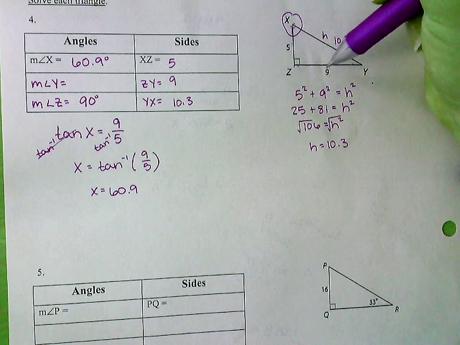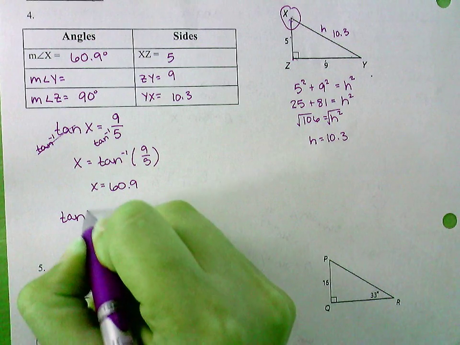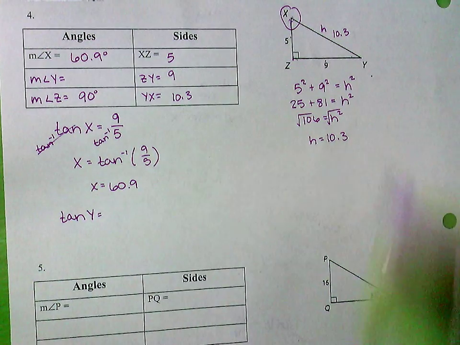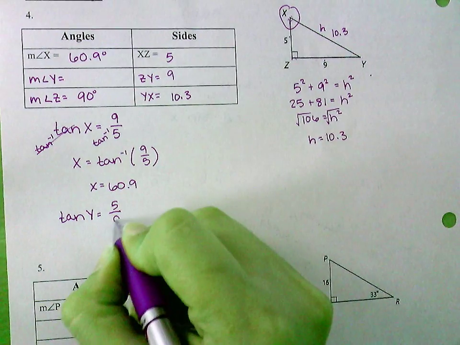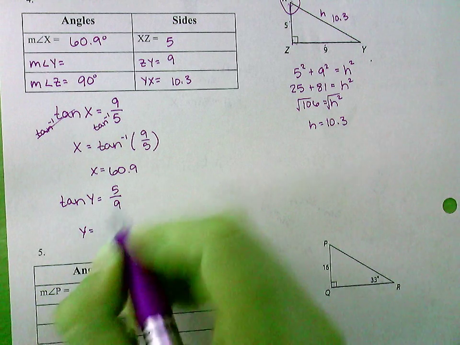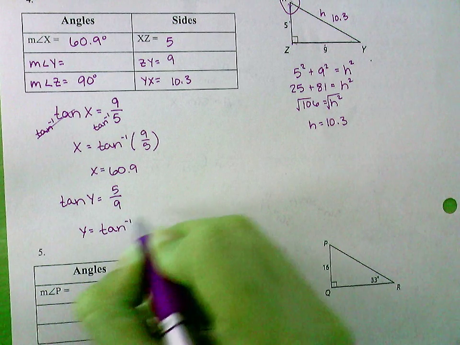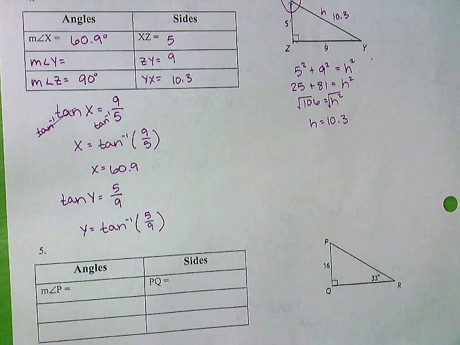And you'd go opposite over adjacent. So that would be tangent of y. Your opposite side is 5 over your adjacent is 9. Bring in your inverse, so you get y is equal to tangent inverse of 5 over 9. And you get your answer.